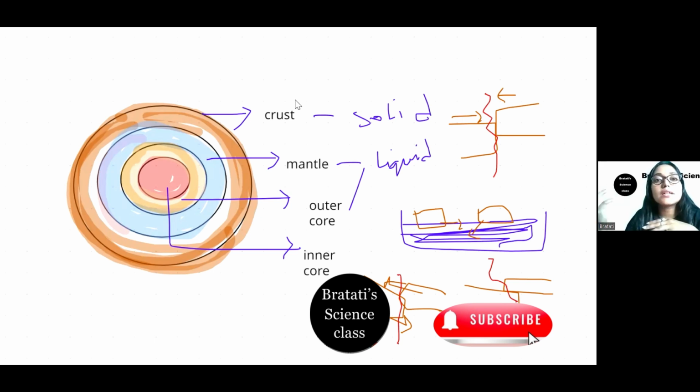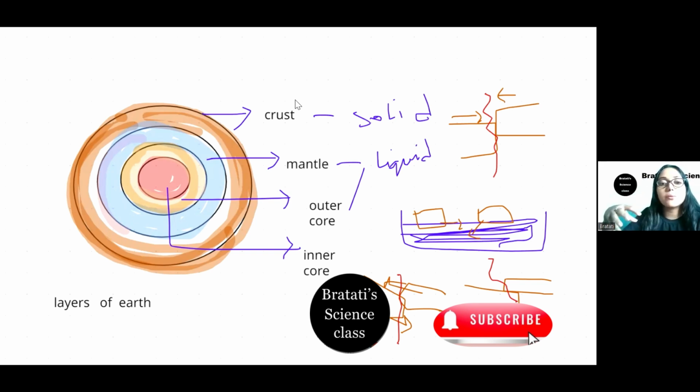So next we'll move to the earthquake and how to measure it and all. So earthquake, the reason behind it is clear. The layers of the earth. So here we have seen these are the layers of earth, and in this we have understood that there are four layers which cause the outermost layer or the crust to basically float on the mantle and outer core, and this is the liquid.